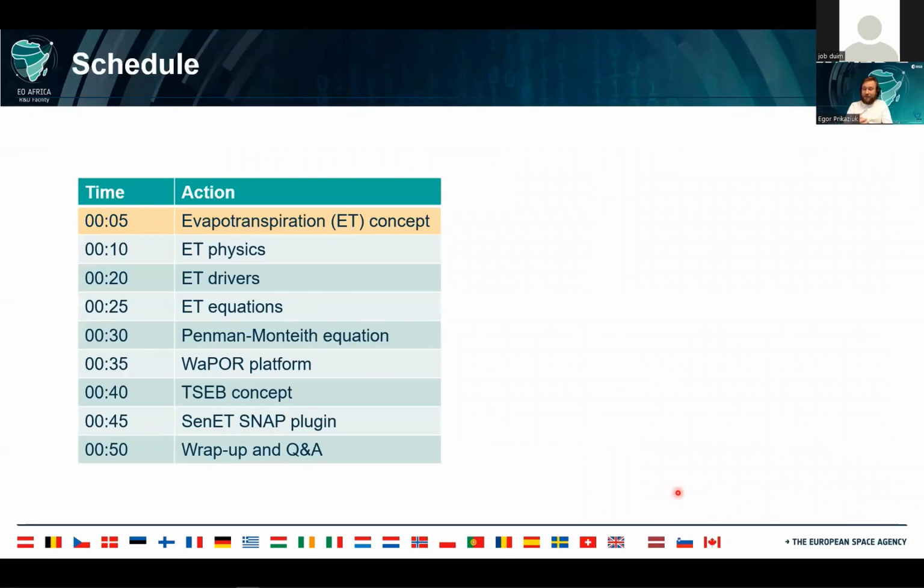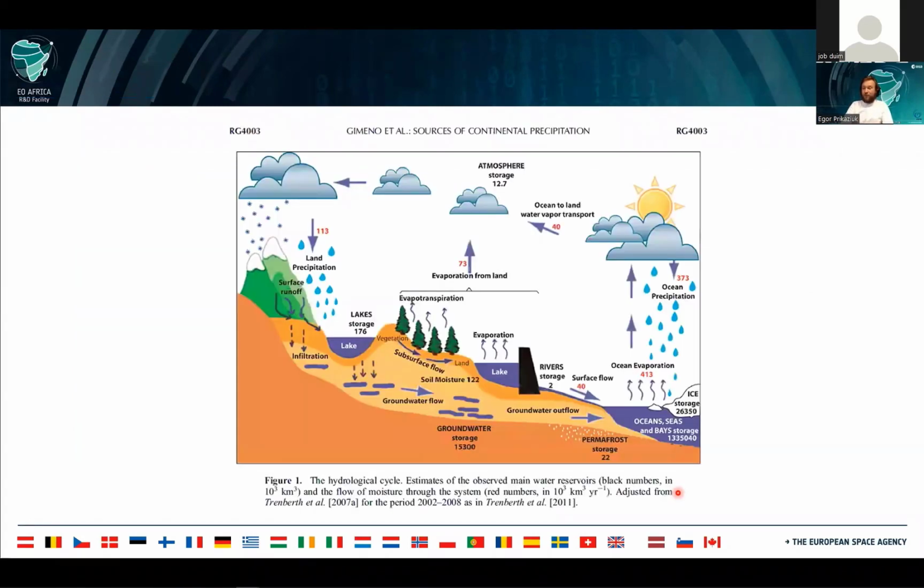But now, let's first discuss what it actually is, if you have not familiarized yourself yet. At school, or even in nursery school, they explain that ecology and life is a cycle. In this case, it's a water cycle. The water cycle starts from precipitation.